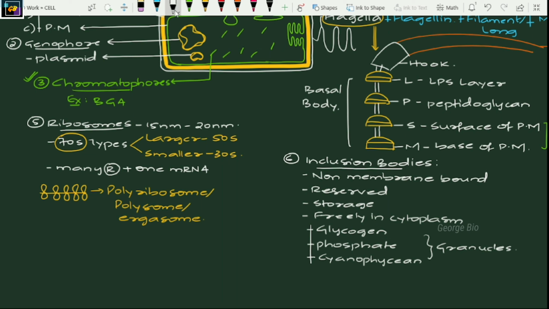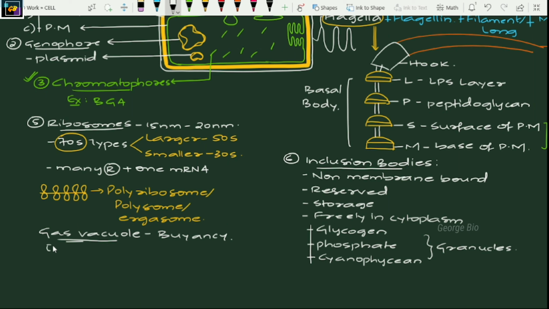Now apart from all these, there is a small special case. Prokaryotes consist of gas vacuole. It is also a non-membrane bound vacuole. It's an air-filled space which helps in buoyancy, that means it helps in floating.